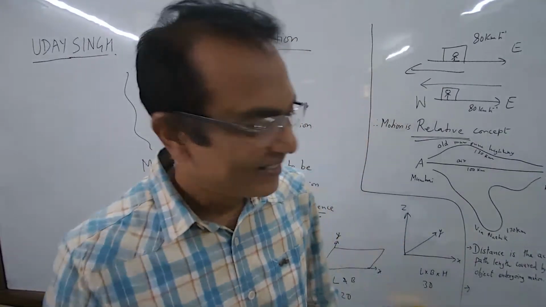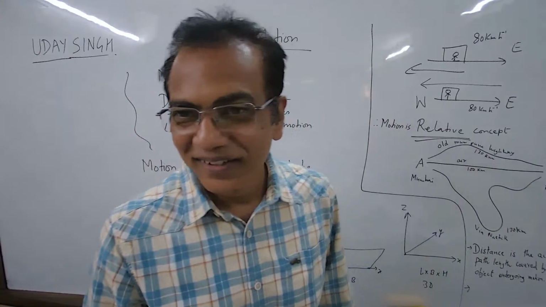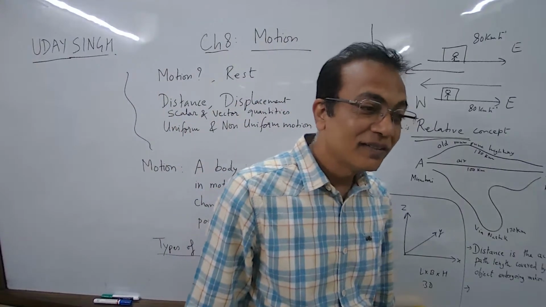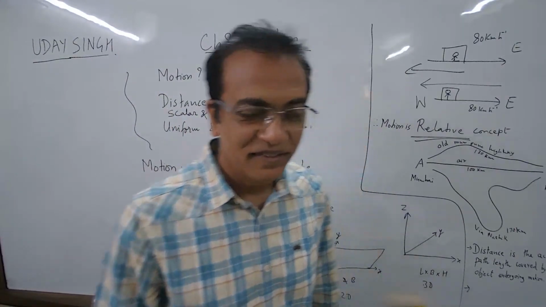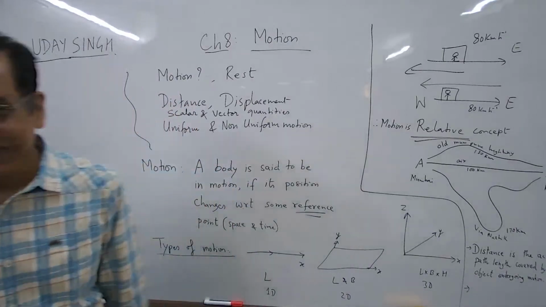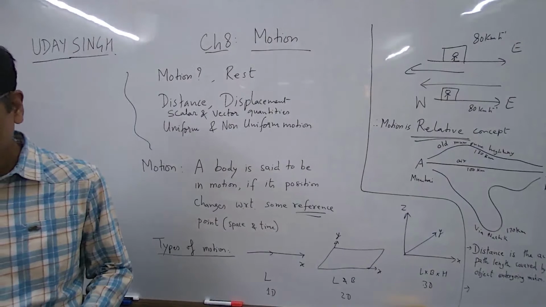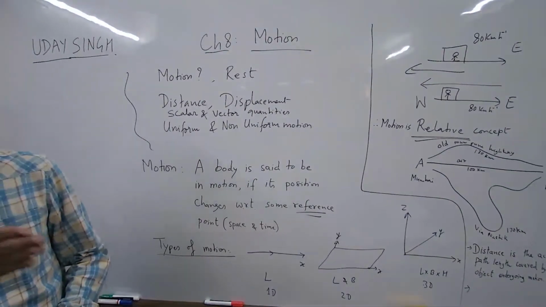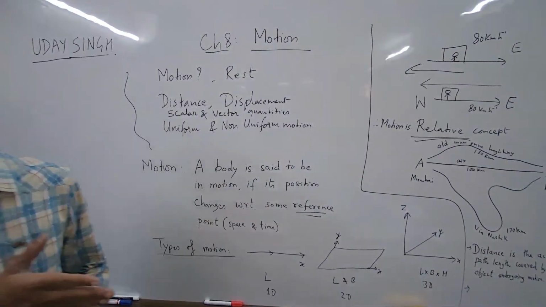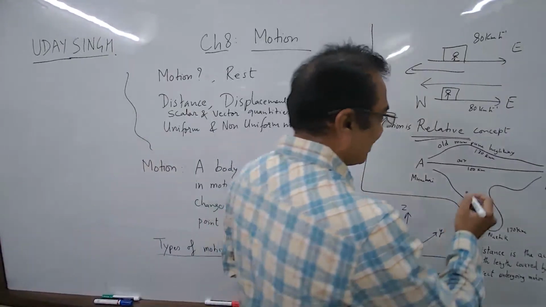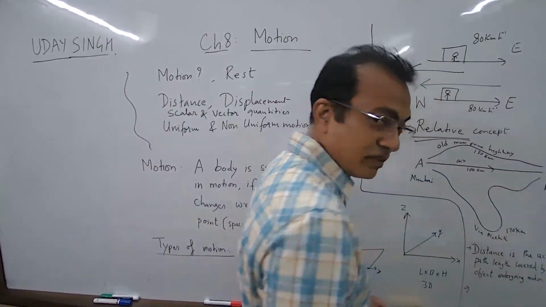He is right. Shortest distance. But something is missing. Shortest distance, yes. In a specific direction. Okay? So you have to add direction, sense of direction also.